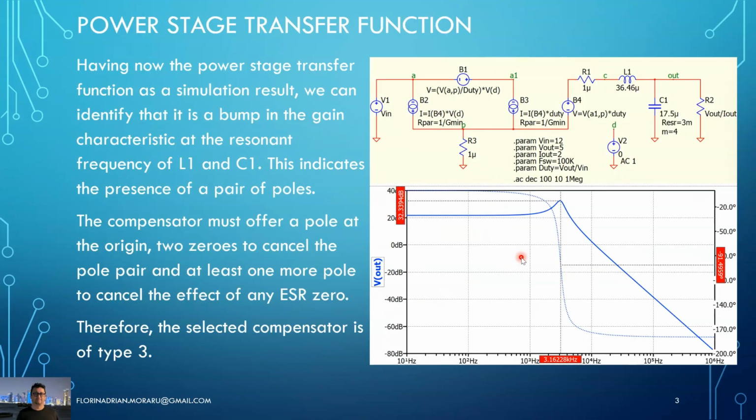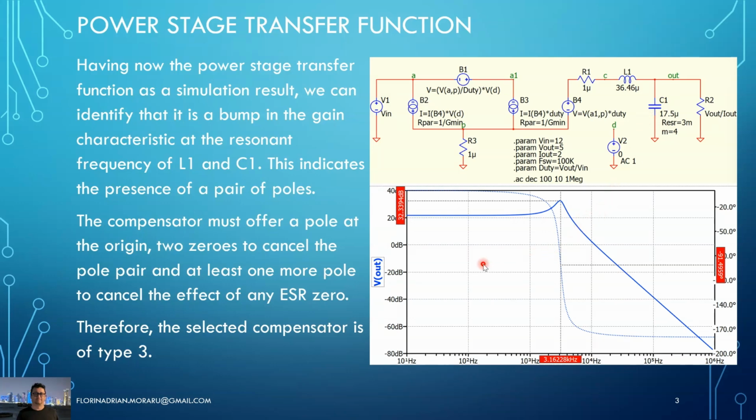Okay, then we already saw in a previous video how to extract the power stage transfer function, and what we can actually see here is that we have a complex pair of poles at the resonant frequency of the buck inductor and the output capacitance.